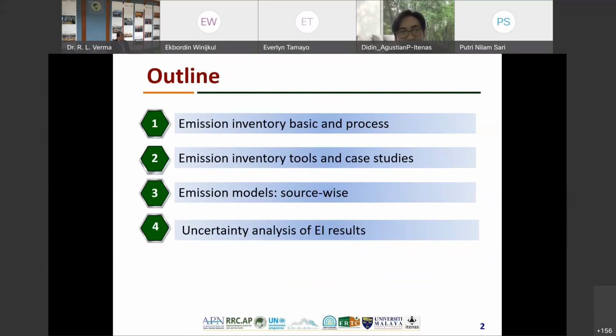The third one will introduce some of the available emission models, and most of them are source-wise models, and we will present some case studies related to their application or implementation. And the last one, of course, one participant asked a very good question on how to reduce the uncertainty of emission inventory results. So in the last part, I will talk about the uncertainty analysis of the emission inventory results.